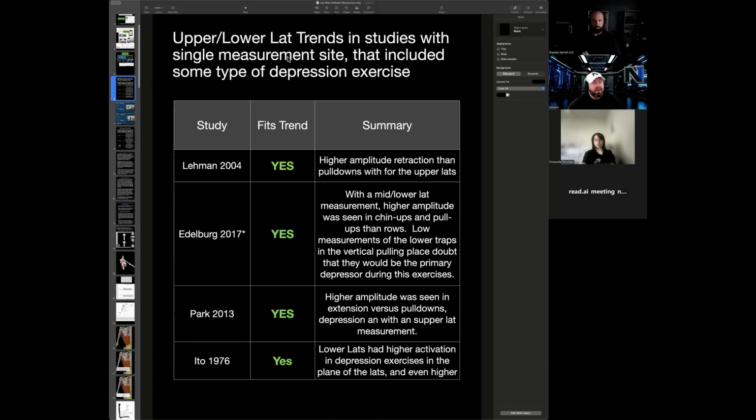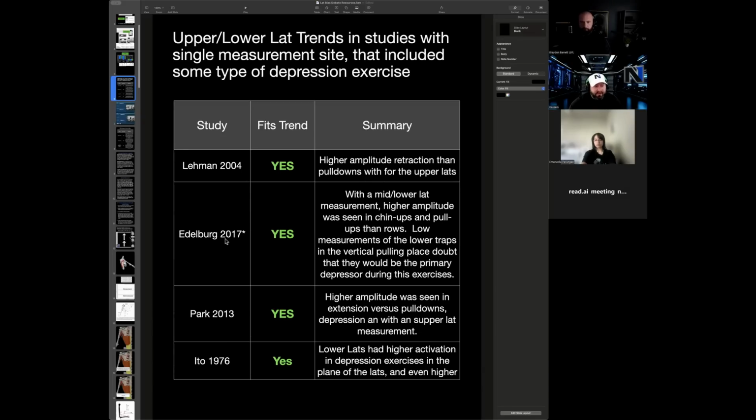If we look at studies where they didn't measure multiple regions, but look at the relationship between the sensor placement and whether they got higher amplitude in the upper lats doing extension or retraction things versus more lower lat and depression things: there's the Lehman study. They got higher amplitude in retractions than in pull downs for the upper lats. Basically, it was 1 centimeter below the inferior tip of the scapula.